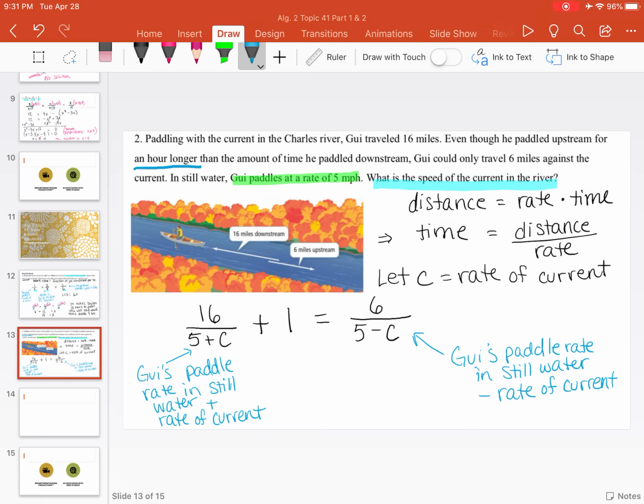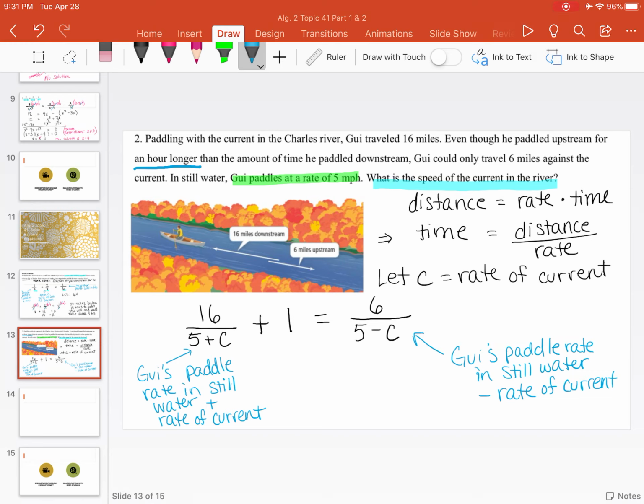And again, it's obviously more difficult to paddle upstream. You're working against the current. So his normal rate of 5 miles per hour, the current is going to take some of that away from him to make it difficult for him to paddle, and naturally he will probably paddle slower.